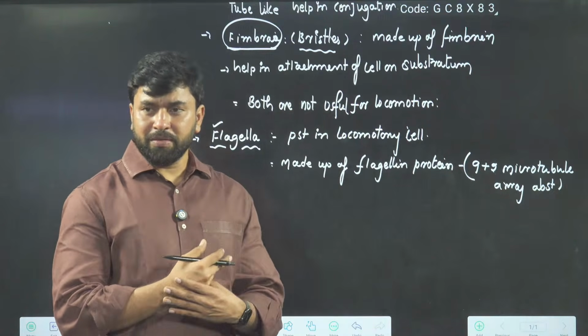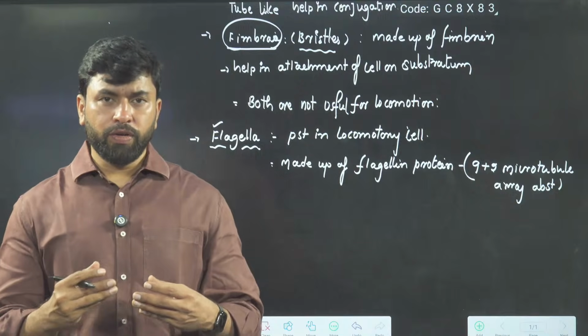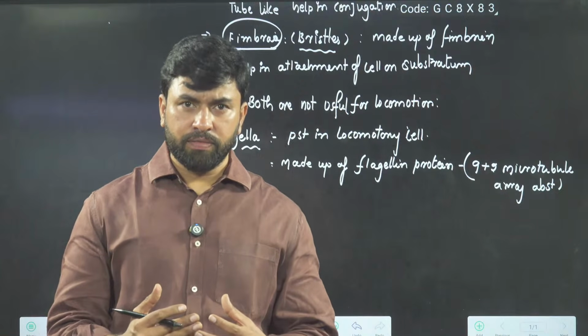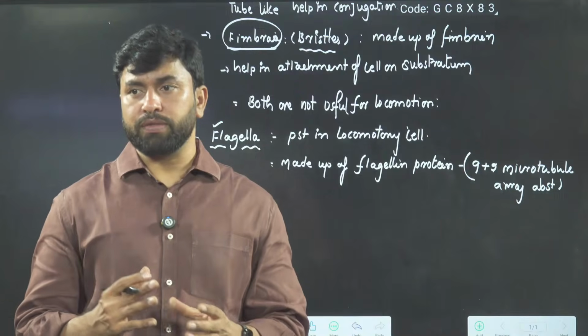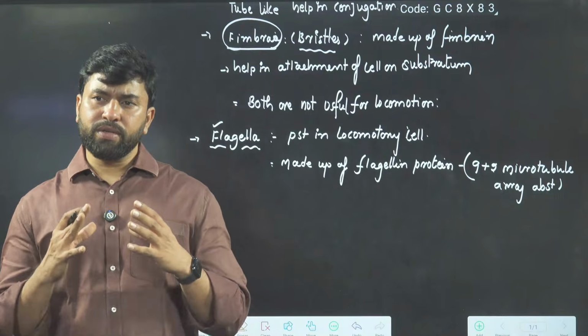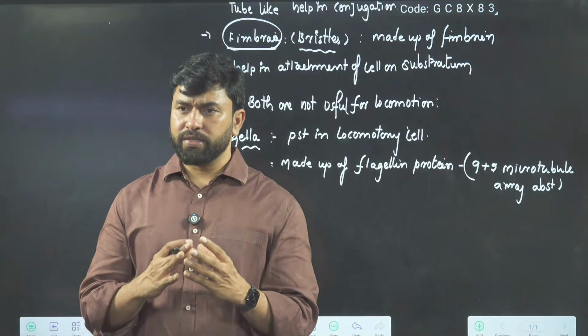Why do you say like that? Simple. When we talk about a eukaryotic cell, the eukaryotic flagella are made up of microtubules. Microtubules are exclusive characters of eukaryotic cells.